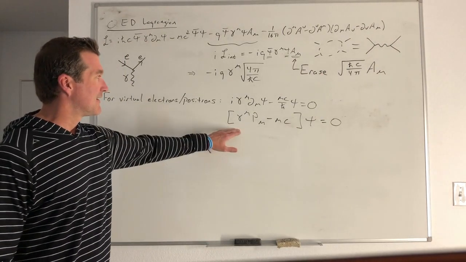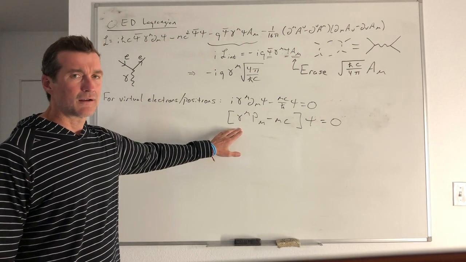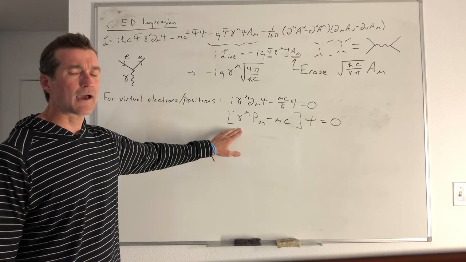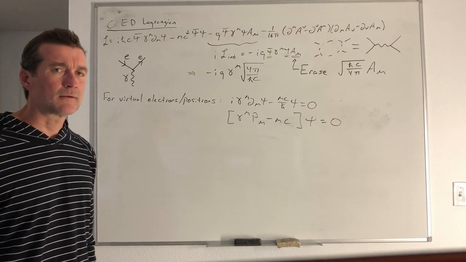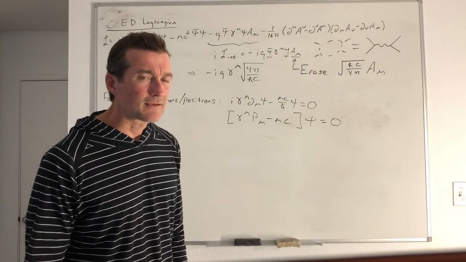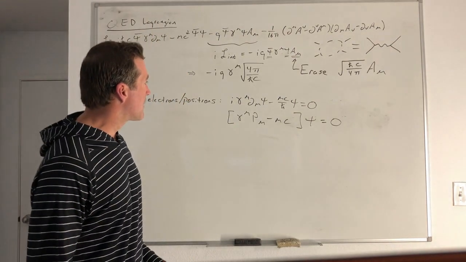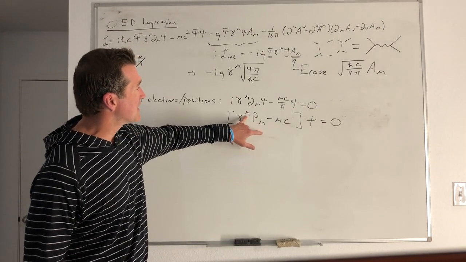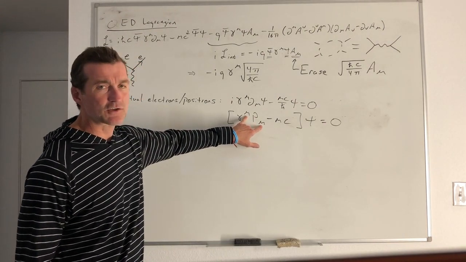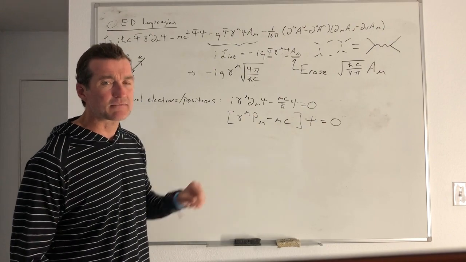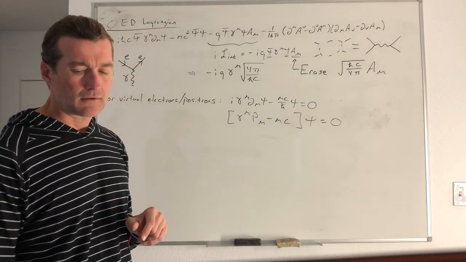However, is this a number? What kind of quantity is this? Well, actually, this is a scalar because gamma mu and p mu are contracted, so that makes this a space-time scalar. Yeah.